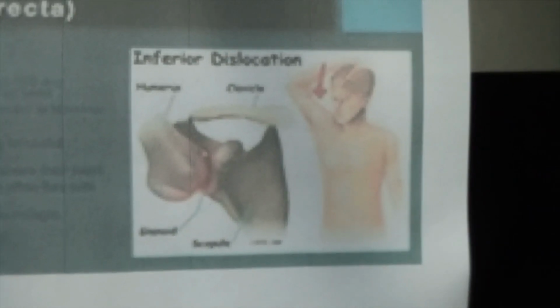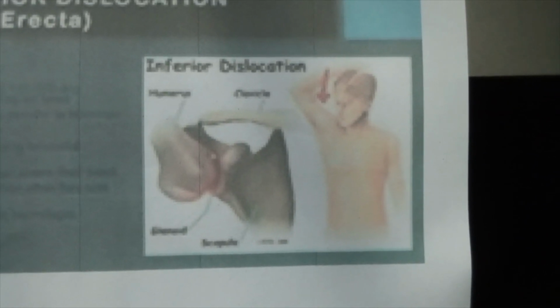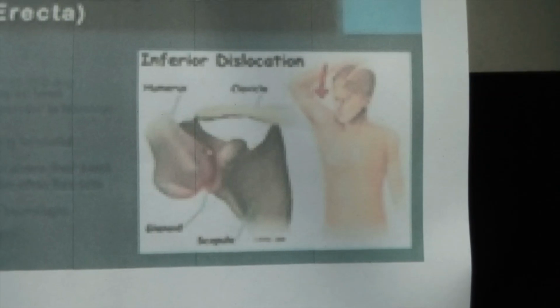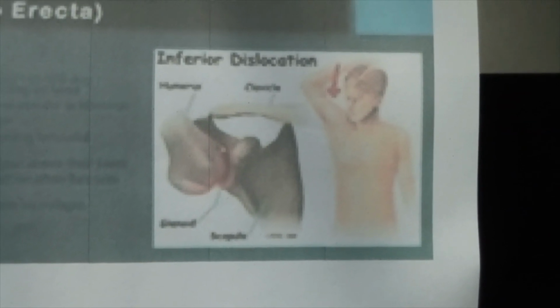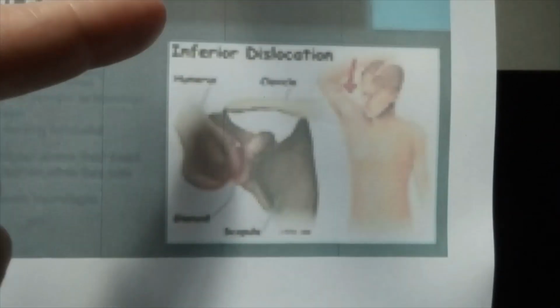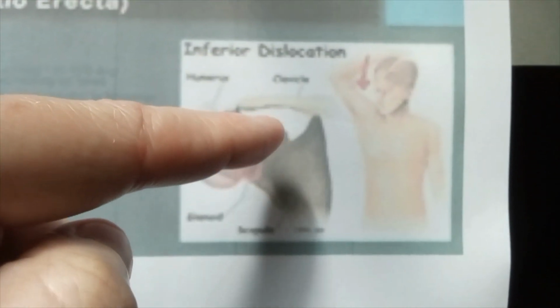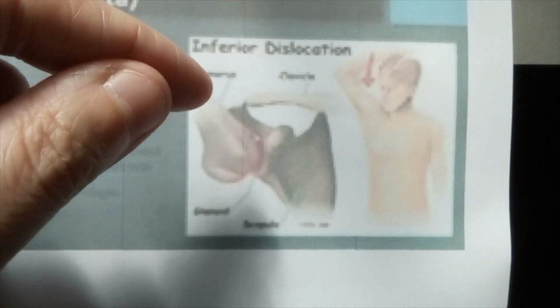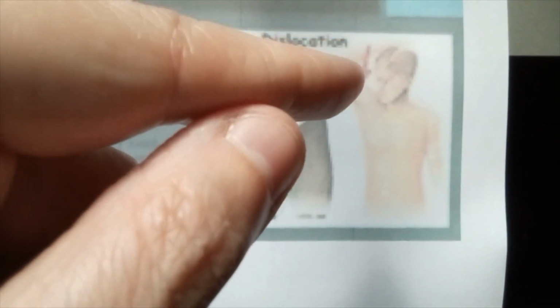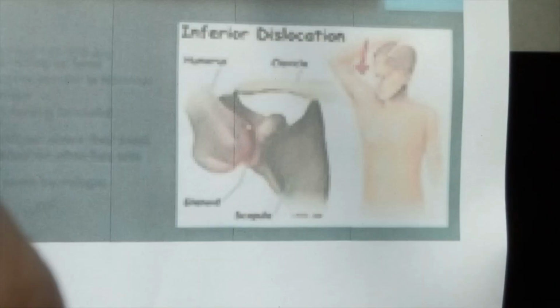And then we have the least common type of dislocation, which is inferior dislocation. And this is where the upper arm bone will basically come out of the cavity here, but it will be pulled downwards.